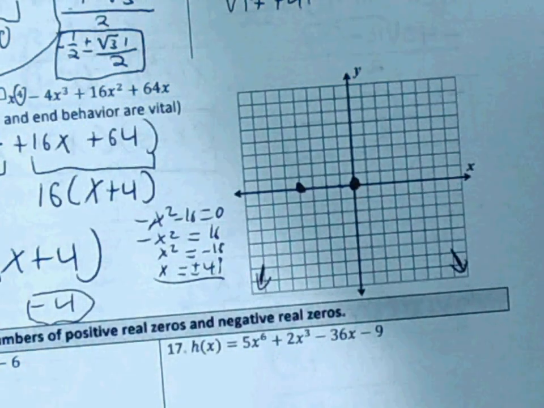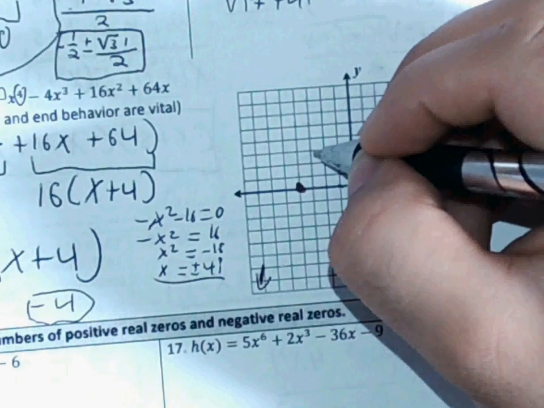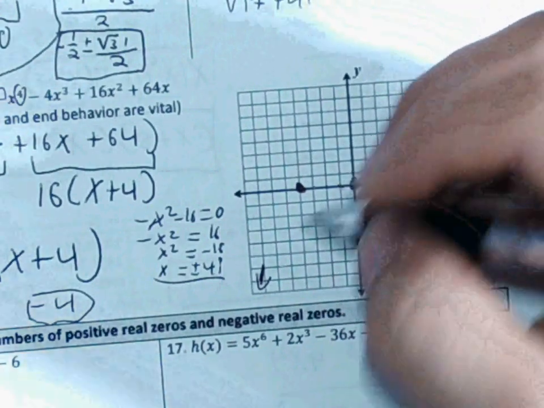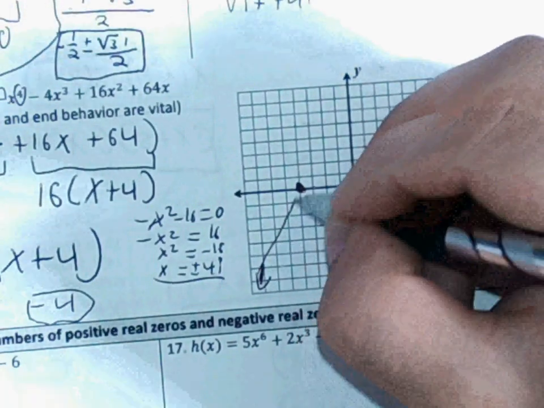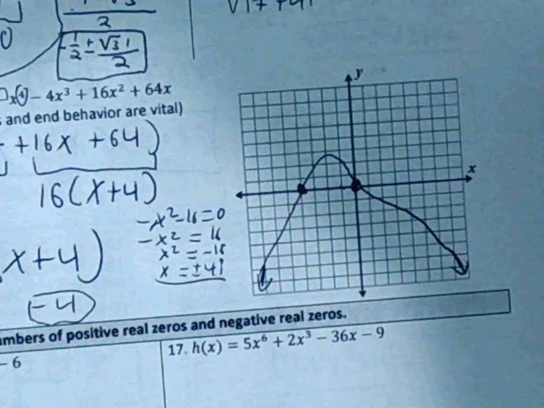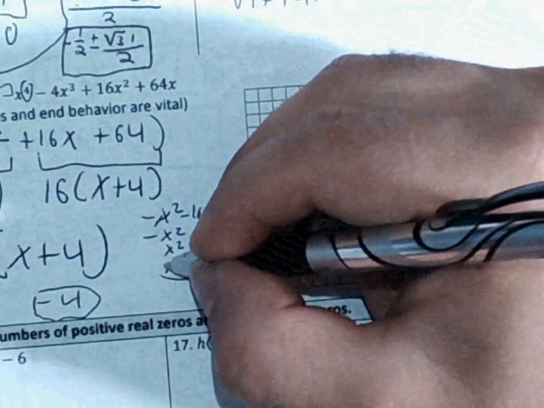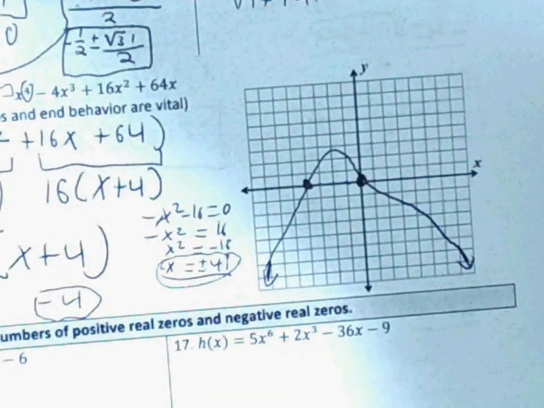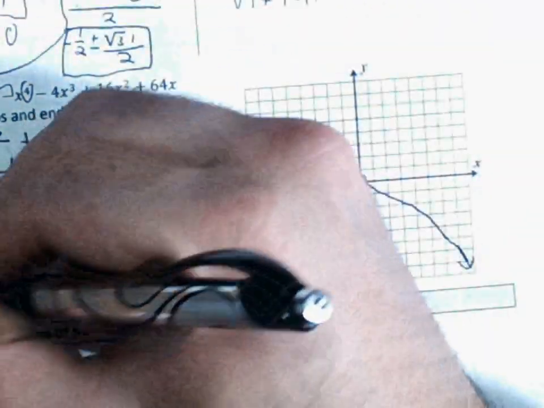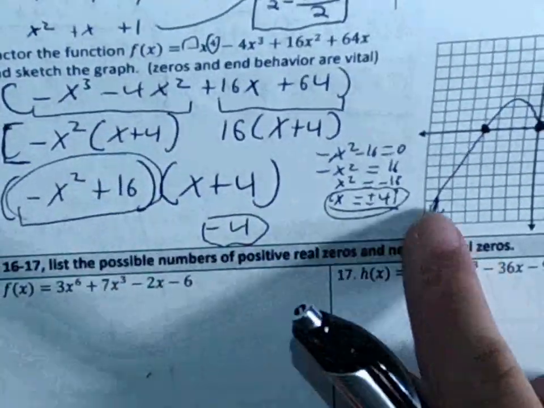We have a multiplicity of 1 here, so that's going to pass through, and 1 here that's going to pass through. So a reasonable graph could be something like that. Once again, we have imaginary zeros here, so we don't have to worry about it. I only calculated those right there.